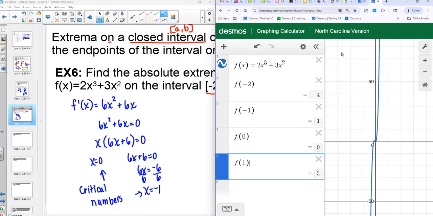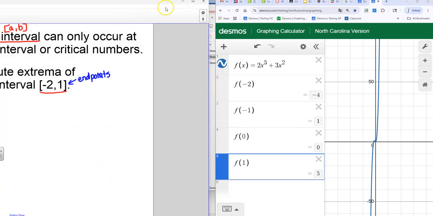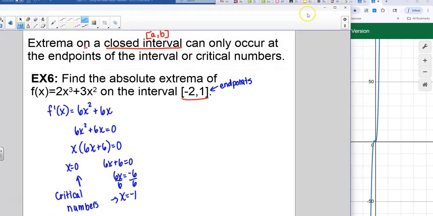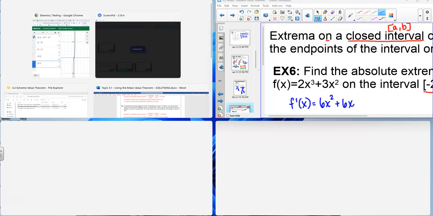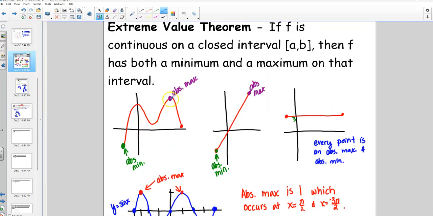It's not always that. It can be at the endpoints. If we look back up here, see how this one, my maximum was where we'd have a critical number, where my derivative equals 0, but the absolute minimum actually ended up at the endpoint there. So you want to check the endpoints as well.